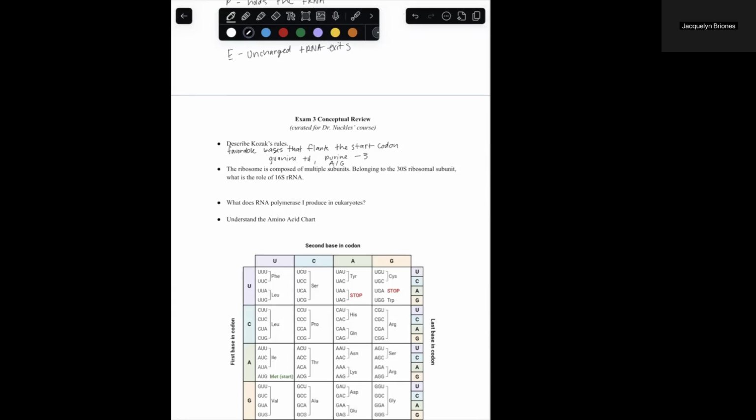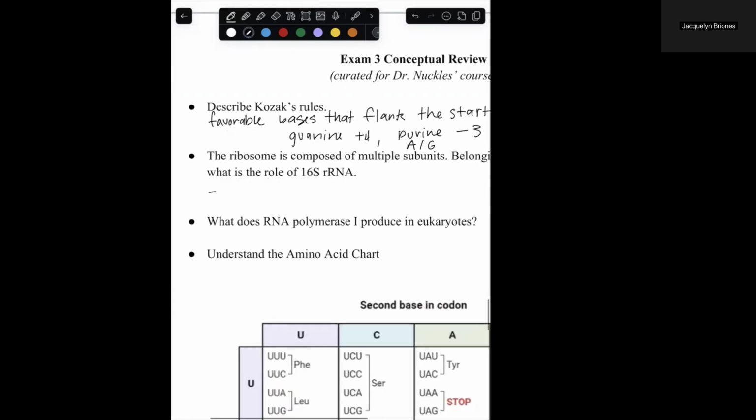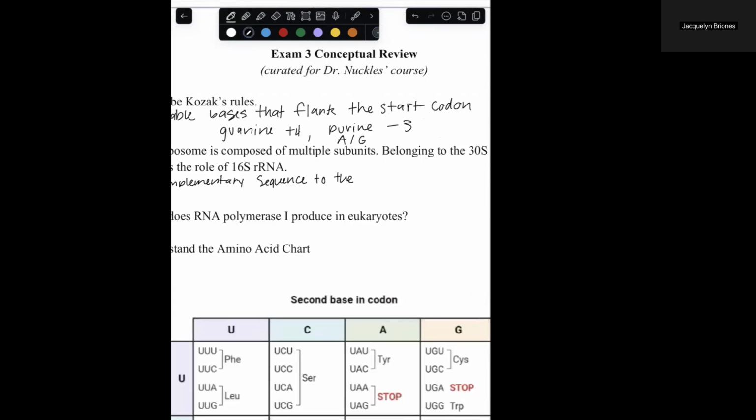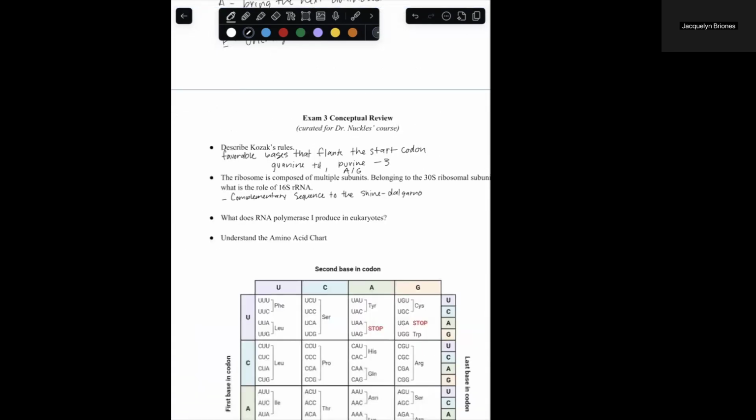It has a complementary sequence to the Shine-Dalgarno sequence.